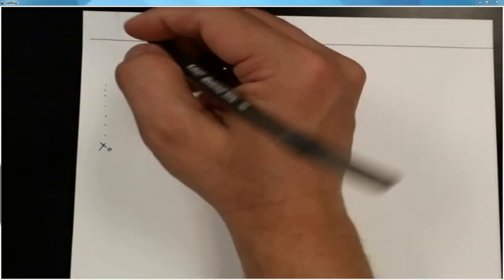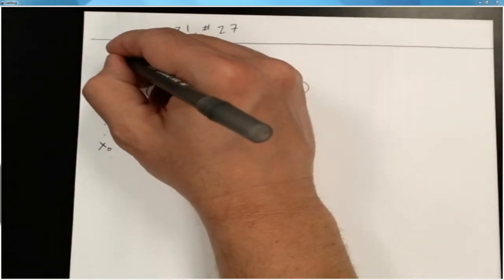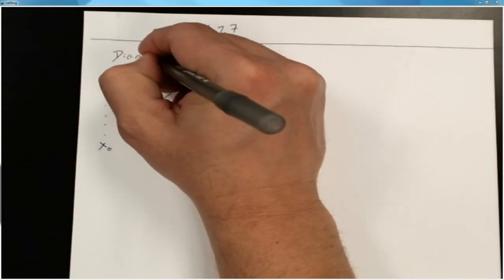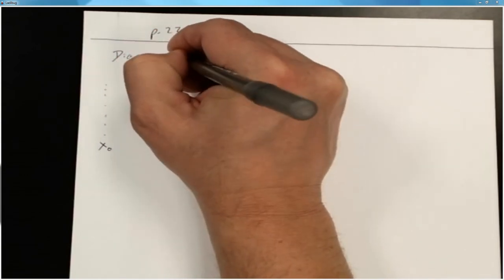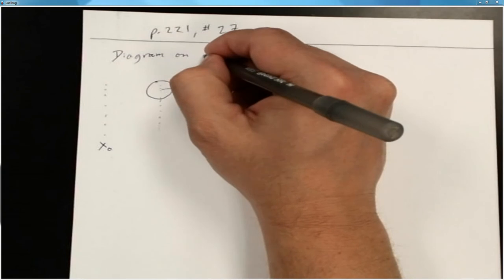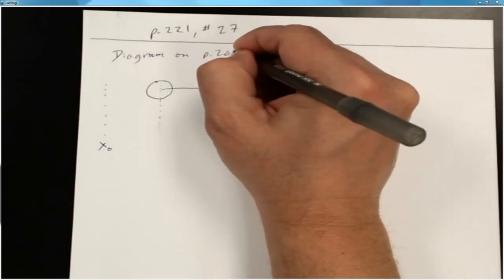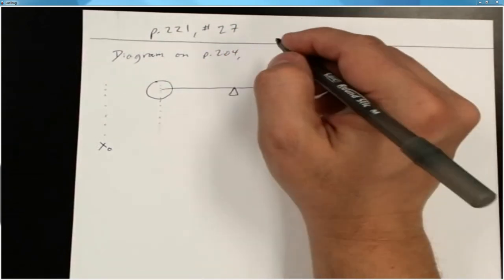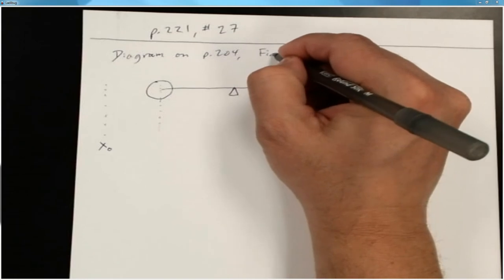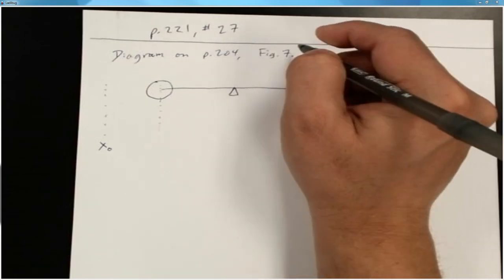This diagram is found on page 204, figure 7.29.